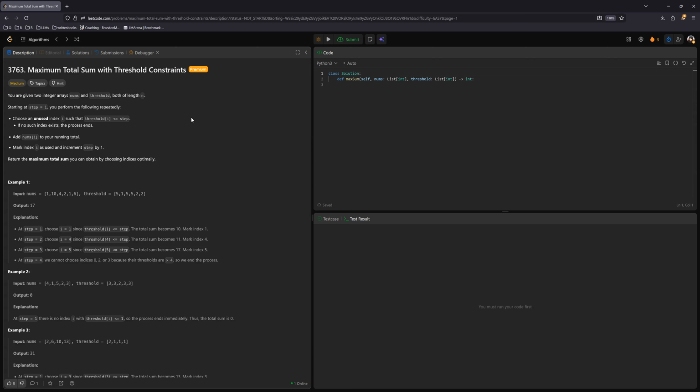Choose an unused index I such that threshold of I is less than step. Okay. If no such index exists, the process ends. Add nums of I to your running total, mark index I as used, and increment step by 1. Return the maximum total sum you can obtain by choosing indices optimally.